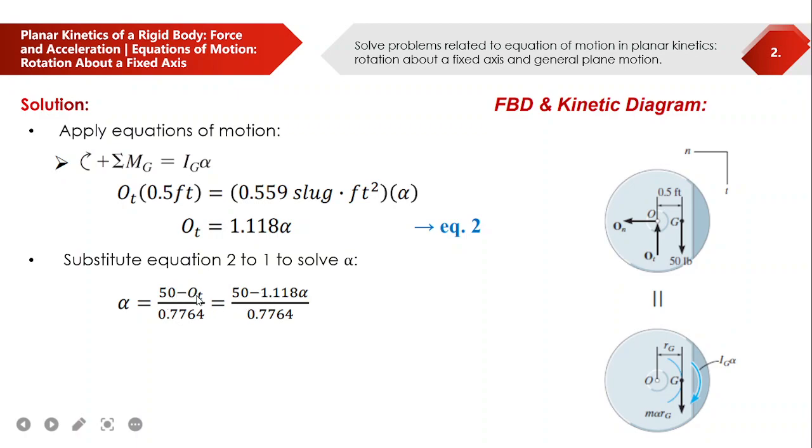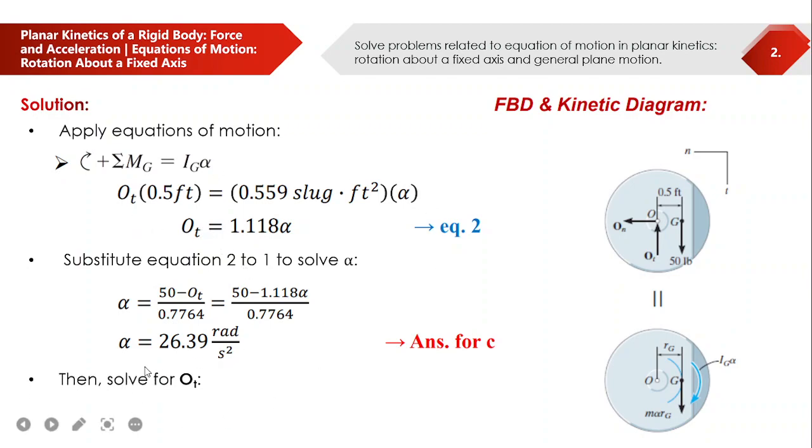Then substitute lang natin yung value ng O sub t na nasolve natin sa equation 2, so that will be 50 minus 1.118 alpha over 0.7764. Therefore, our angular acceleration is equal to 26.39 rad per second squared. So that's your answer for letter C natin. Hindi pa natin na-solve yung O sub t natin.